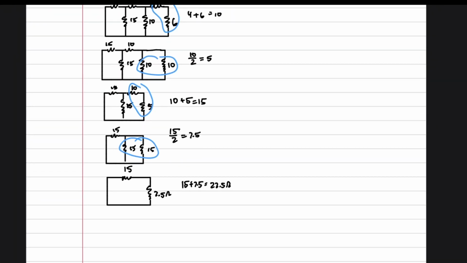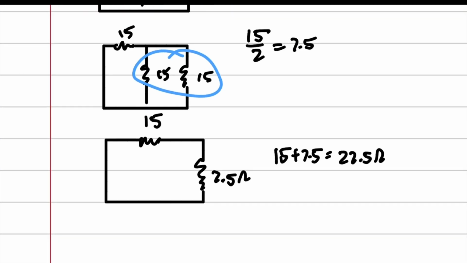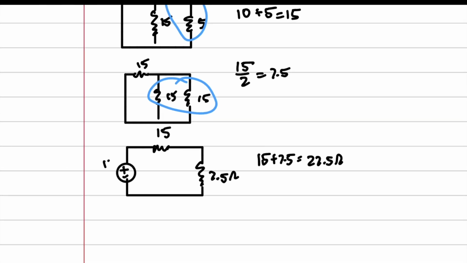Okay, so we found out that this side simplifies down to 22.5 ohms. So this side of the, excuse me, the what volt battery? We actually don't have a voltage for this battery.